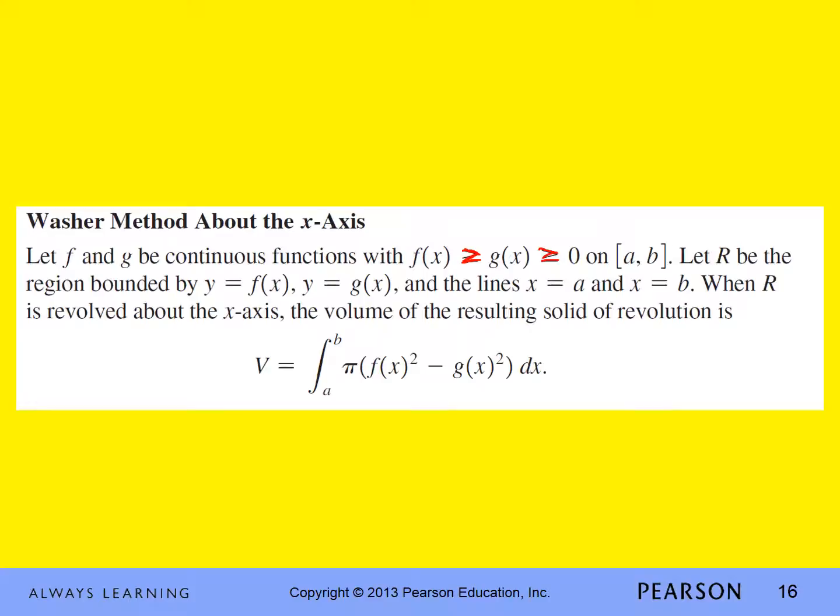And so the volume of the solid generated by revolution for that region is the integral a to b of pi times the difference of the squares of the functions dx. Washer method. Okay, the cross sections are washers, not circles.